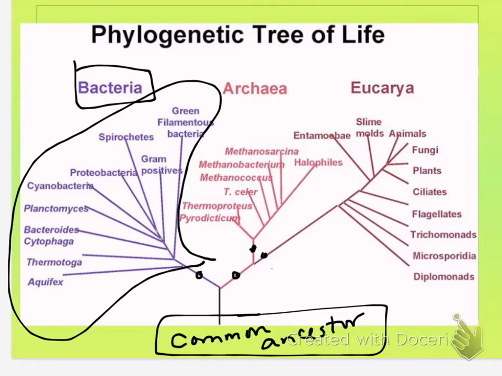There are differences that are enough to classify them as different species. But they all started out the same. So back here, that's one species. And by the time we get to here, we've split, and we have two things that can no longer reproduce together. That's kind of the definition of species.